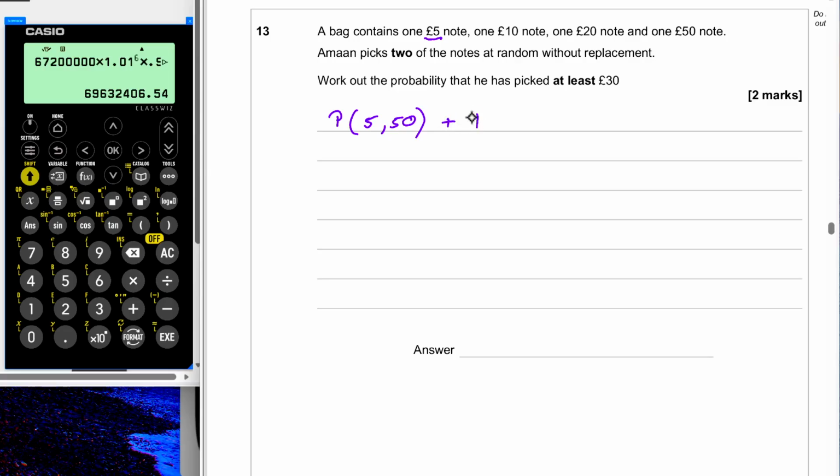Plus the probability of picking a £10 note and a 20 or a 50. He could pick a 20 and a 10, which we'd already covered, so we don't need to worry about that. Or a 20 or a 50.